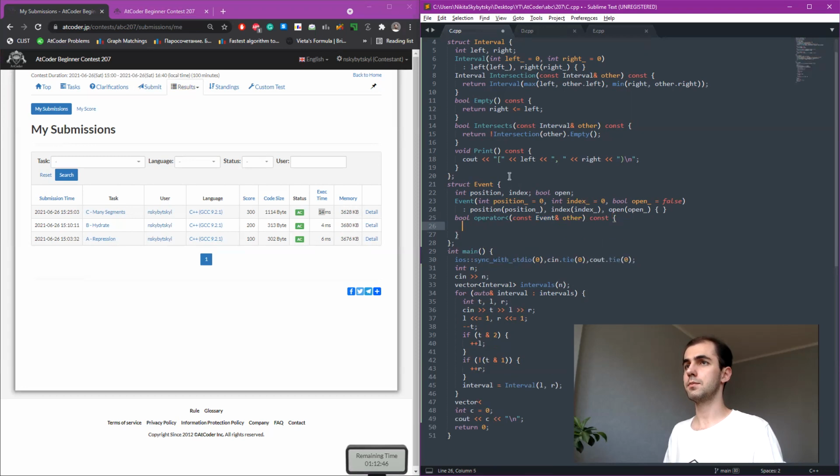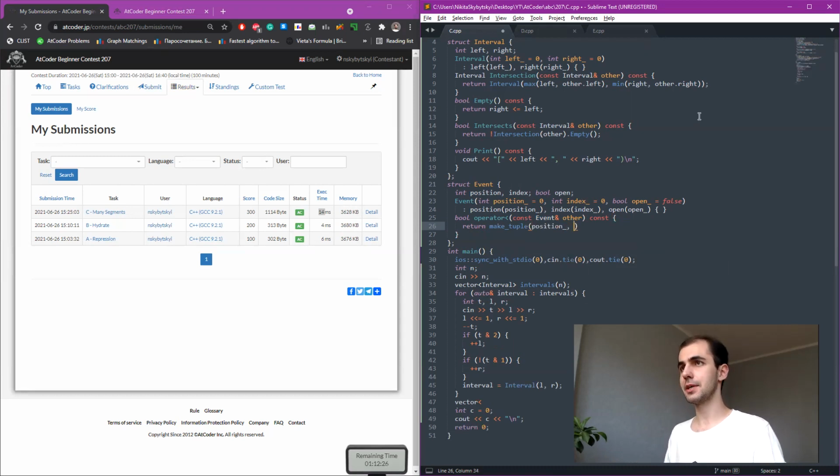And we need that operator defining which event is smaller, and that's important because we want to sort our events in order to process them, like in order, you know.